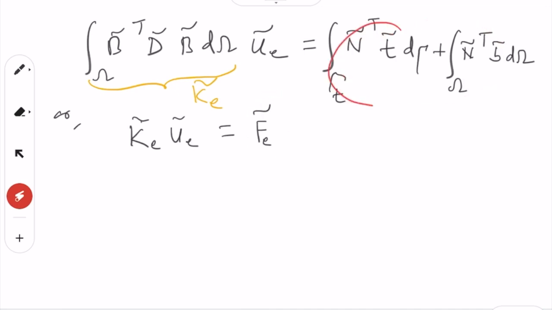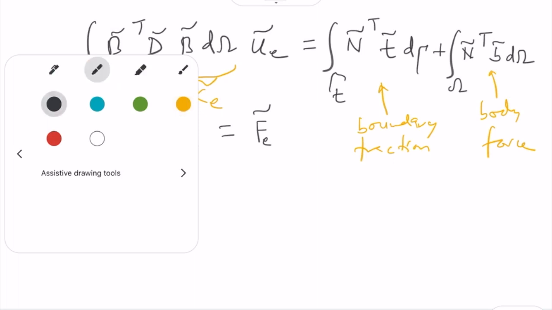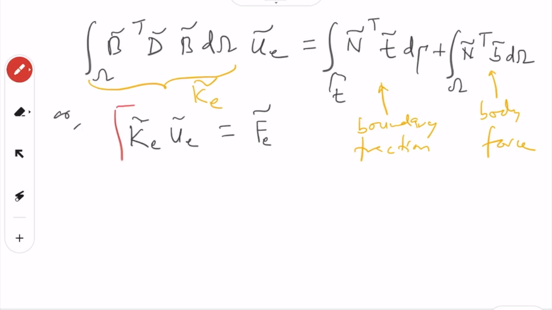The difference is that this is coming from the boundary traction, and this is coming from the body force. Okay, so we have this equation now, and we are used to that.